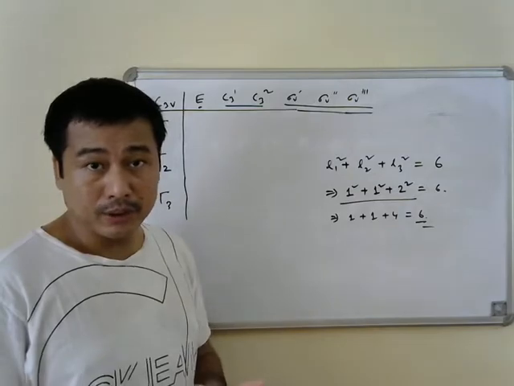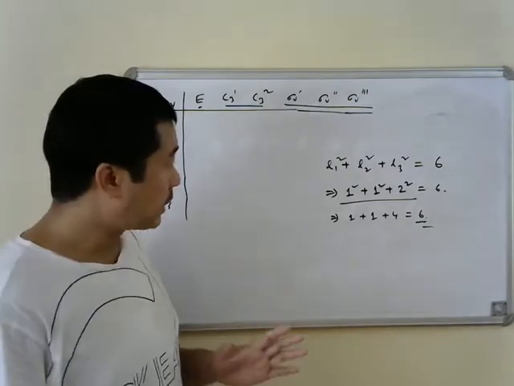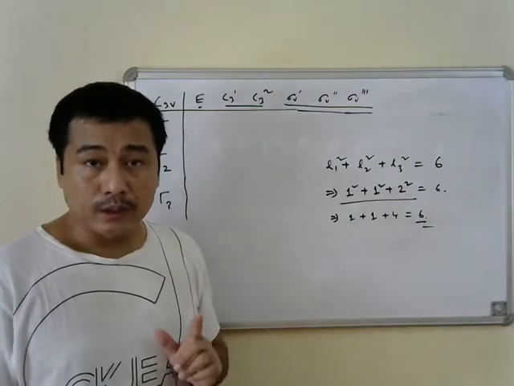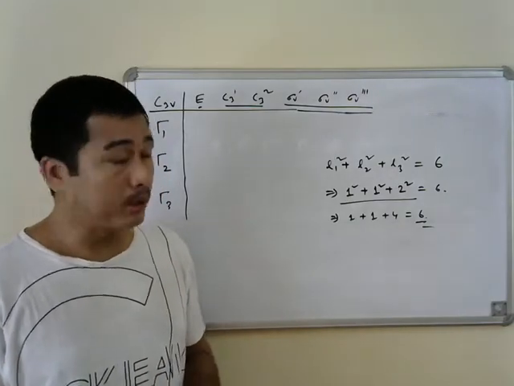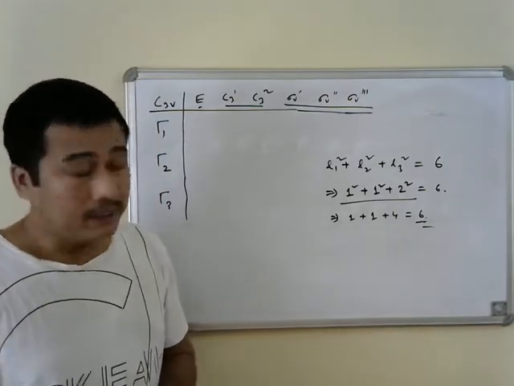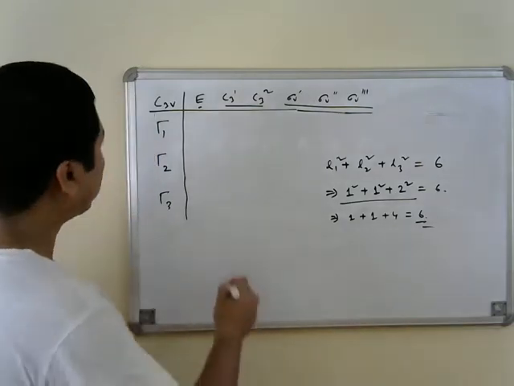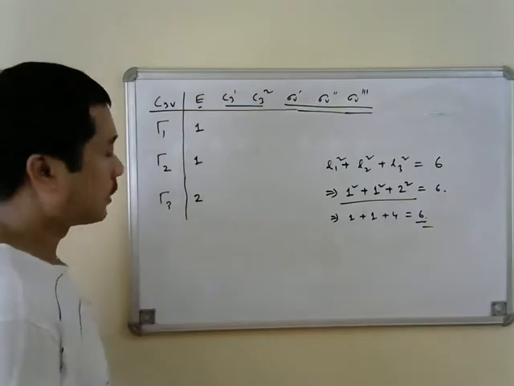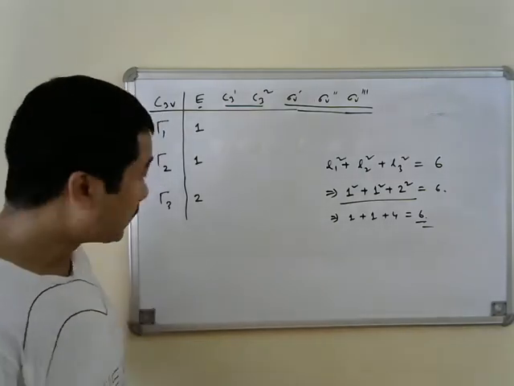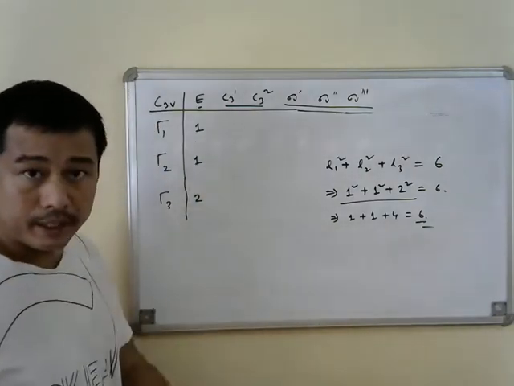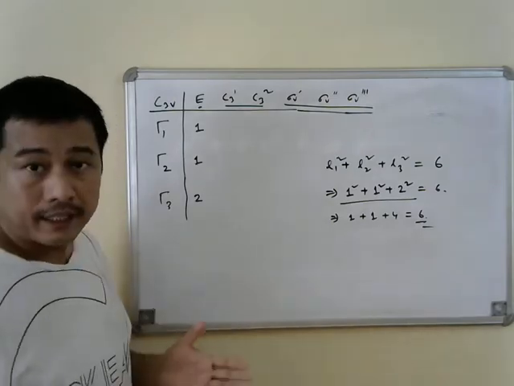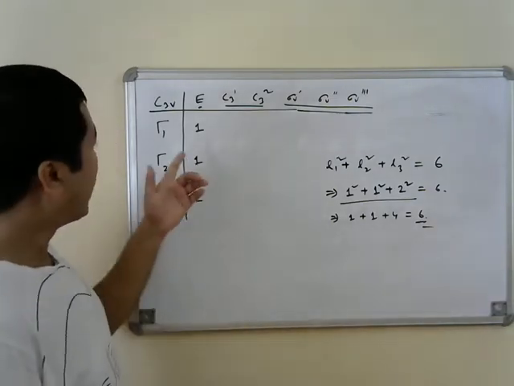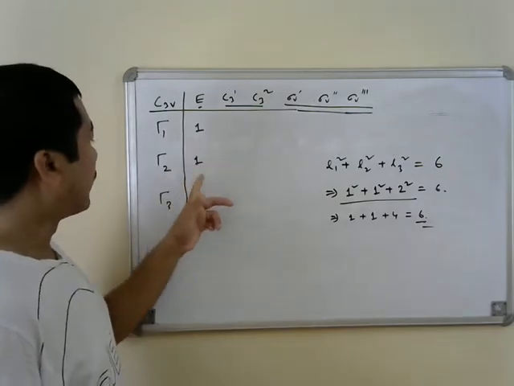So what it tells us is that in this C3V point group, there are 3 irreducible representations, and we know the dimensions of these 3 irreducible representations. There are 2 one-dimensional irreducible representations, and there is 1 two-dimensional irreducible representation. So we can also write the character of the identity operation in these 3 irreducible representations now, because the character of the identity operation is essentially equal to the dimension of the irreducible representation, and these are going to be 1, 1, and 2.